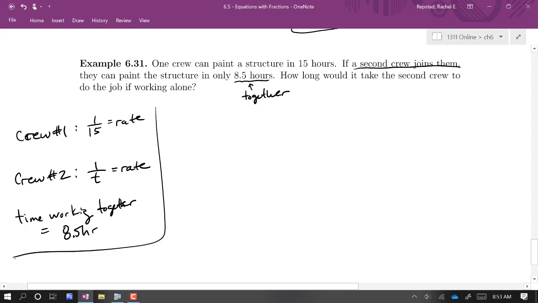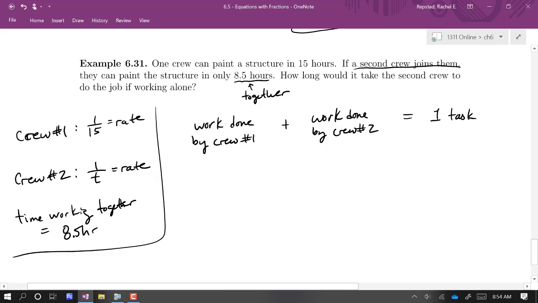So let's put this together, just like we did with the pumps emptying the tank. So we have the work done by crew number 1 plus the work done by crew number 2, and together they are performing one task, or painting one structure.